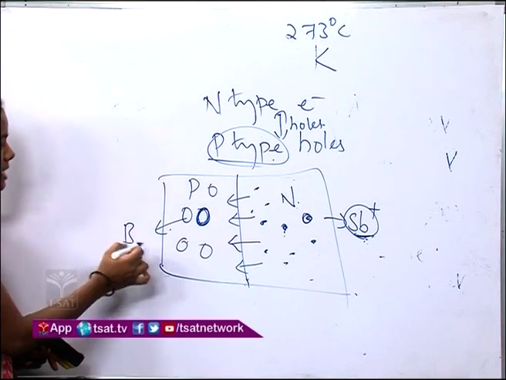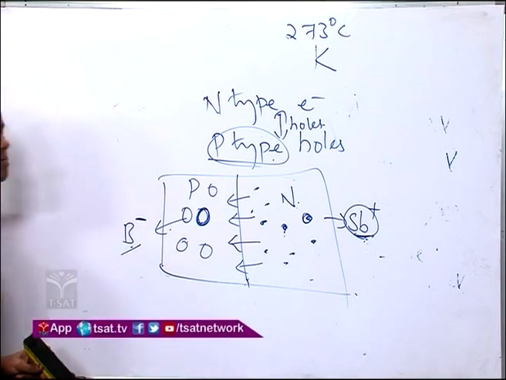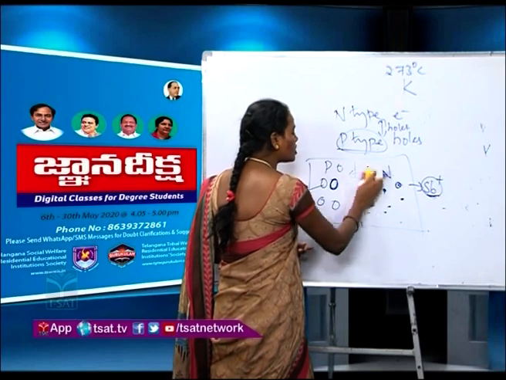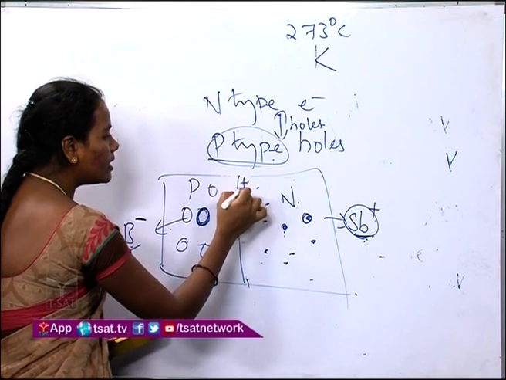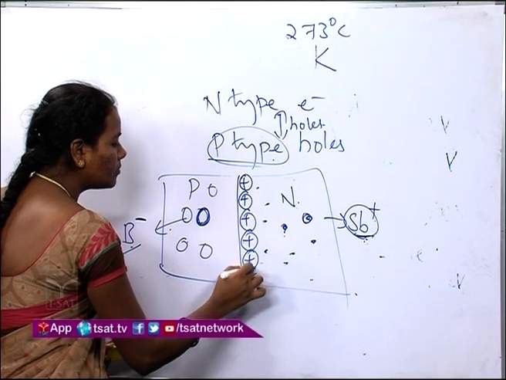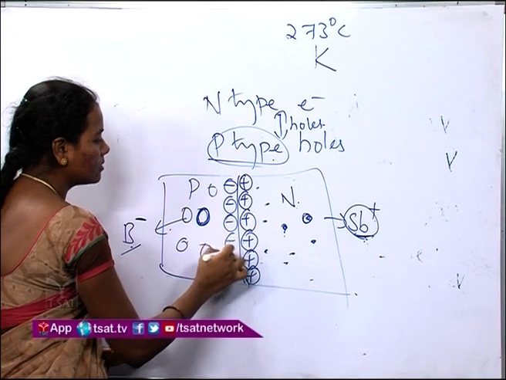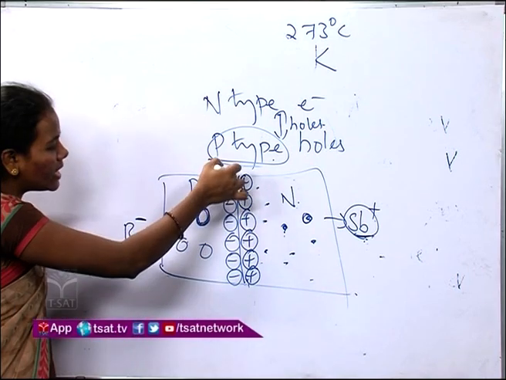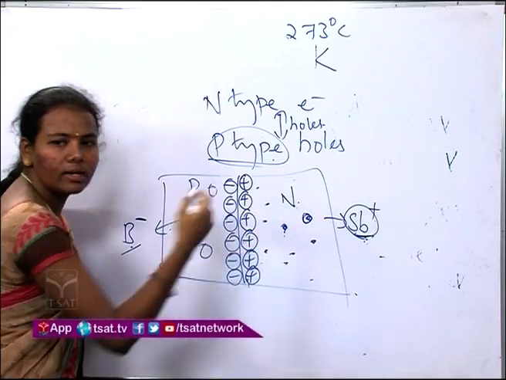So this boron will accept the electron, and this becomes negative. So whenever the diffusion process takes place, positive ions are aligned at the N side and negative ions are aligned at the P side.